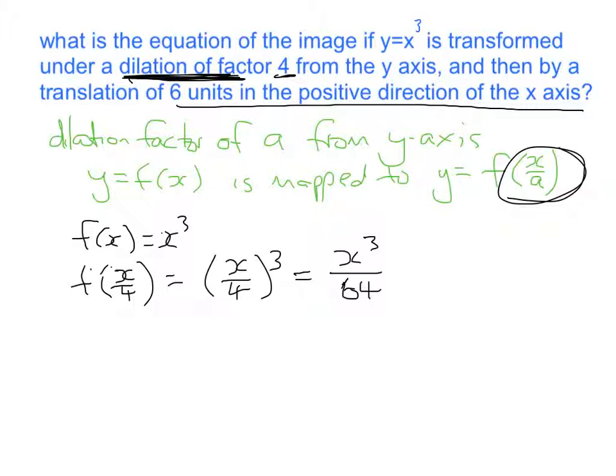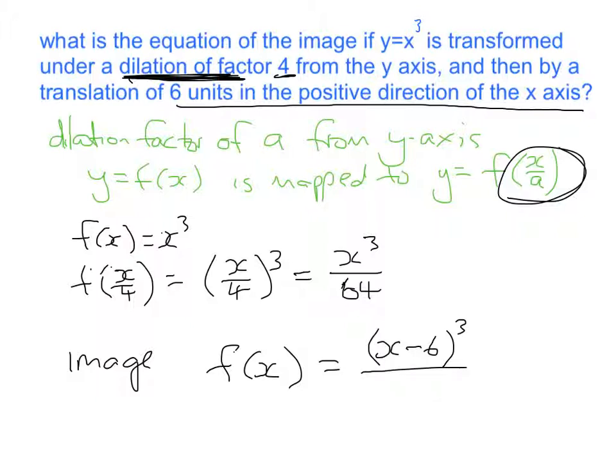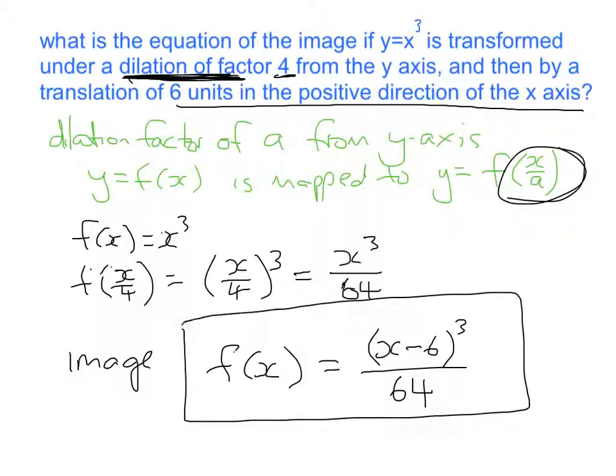So the image that we're looking at will be, and we'll write our x, if it's shifted in the positive direction of the x-axis, then we go x minus 6. If it was shifted in the negative direction of the x-axis, we go x plus 6, cubed, and then divided by 64. So the answer to the question is this function down the bottom here.